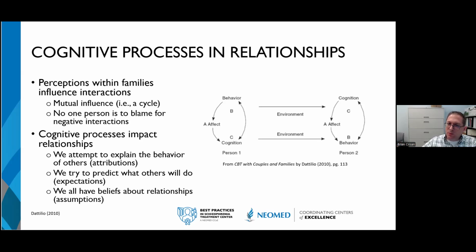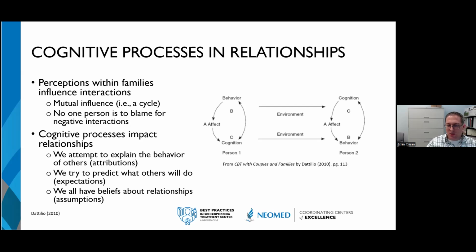And they also have a perception about why you're doing or engaging in a behavior, right? And so there's mutual influence, like Danelle said in the beginning. And a lot of times when families are in conflict, they blame each other or they fight about different perceptions about certain events. And there's this bidirectional influence, like we talked about.